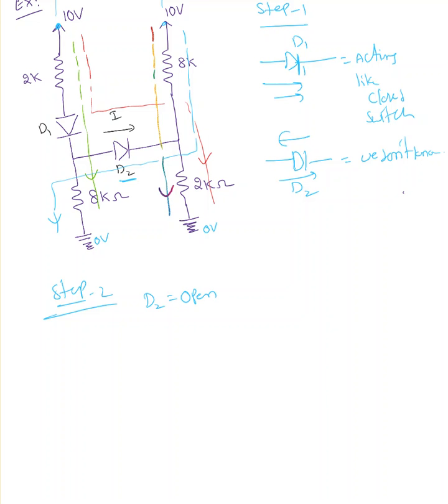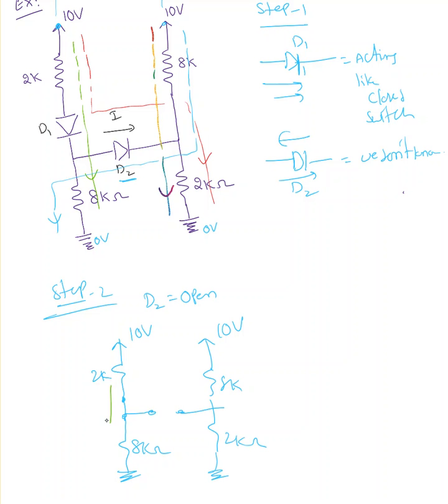If D2 is acting like open, this is what the circuit is going to look like. We have 10 volt there, 2 kilo ohm, 8 kilo ohm, 10 volt there, 8 kilo ohm and 2 kilo ohm. What we're saying is that that's open.